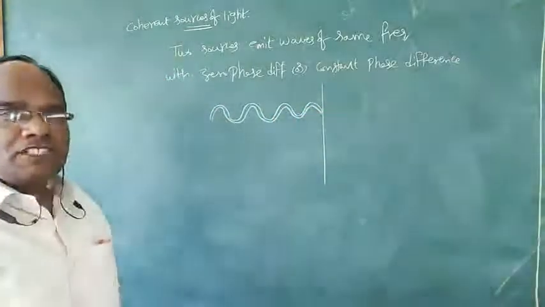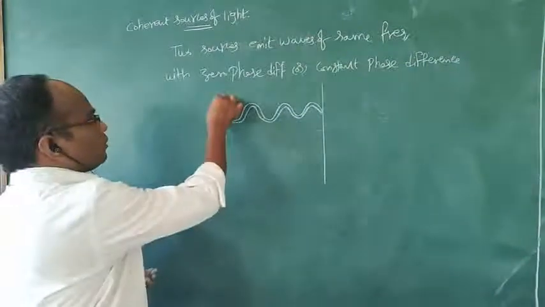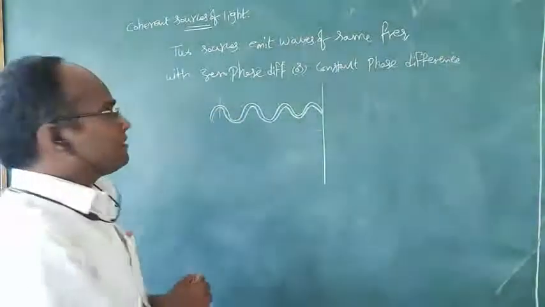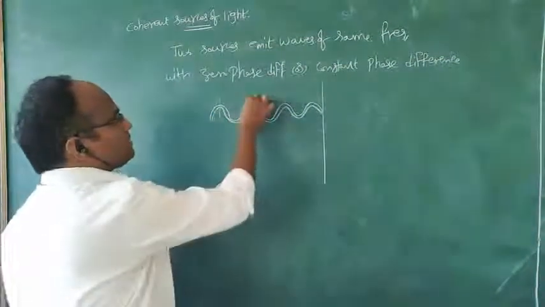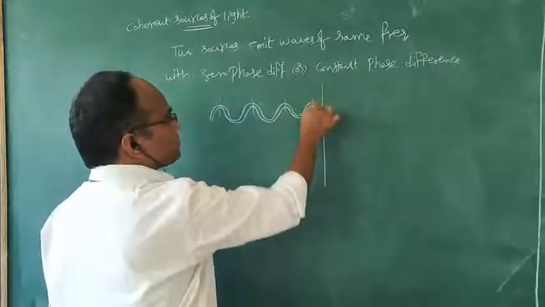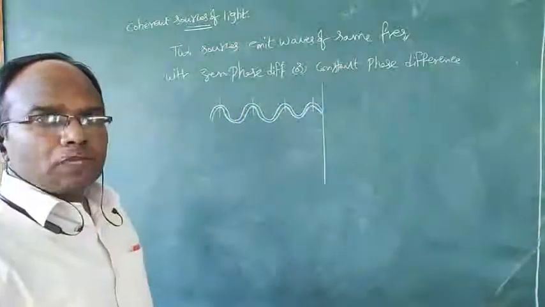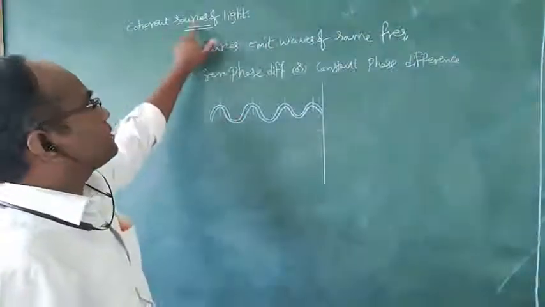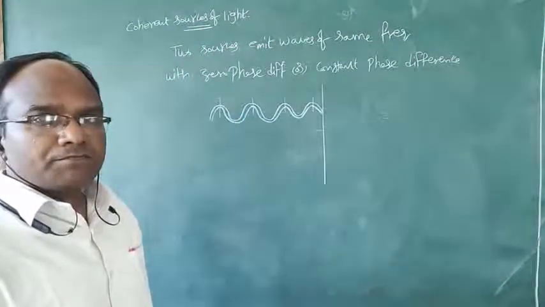What is the meaning of this? Constant phase difference or zero phase difference, same amplitude. Then this is called a coherent source of light.